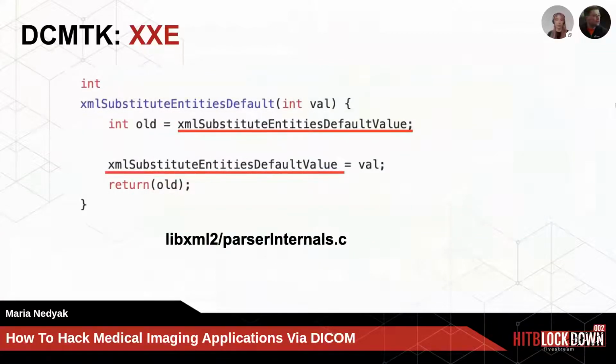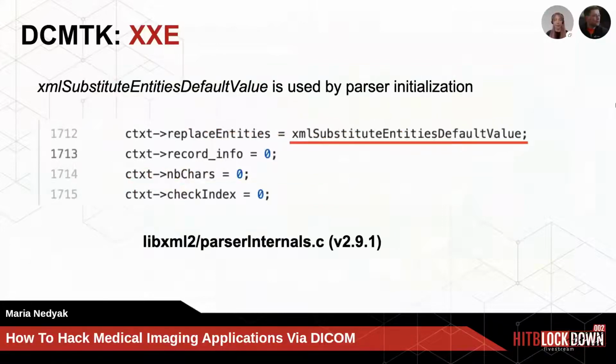This function just changes some global variable of the XML parser. And here are the lines from the 2.9.1 libxml source code, the ones that the vendor had on his machine. As we see, this variable is used in XML parser initialization.